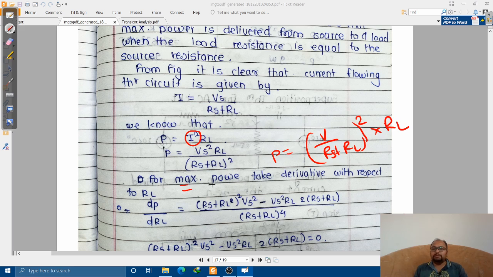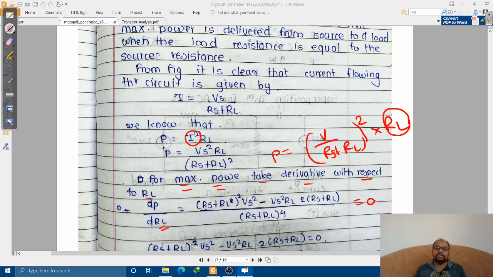For maximum power to be delivered to the load, we can get it by taking the derivative with respect to RL and equating it to 0. In the case of resonance also, to find the maximum voltage across the inductor or capacitor, we took the derivative with respect to frequency and equated it with 0.